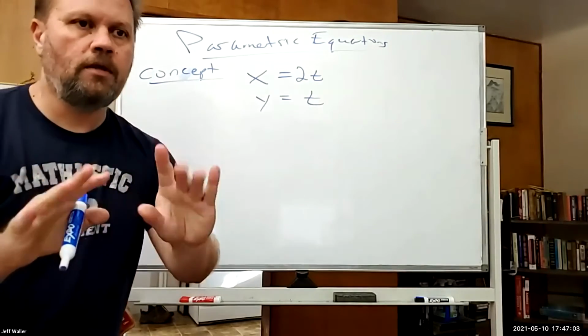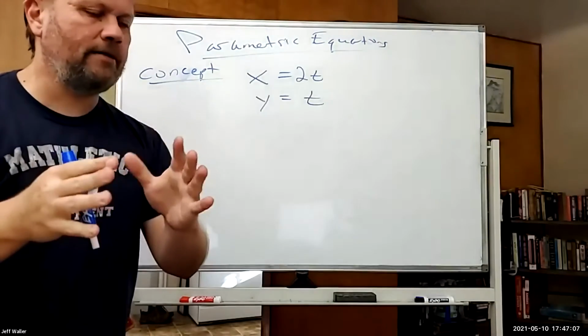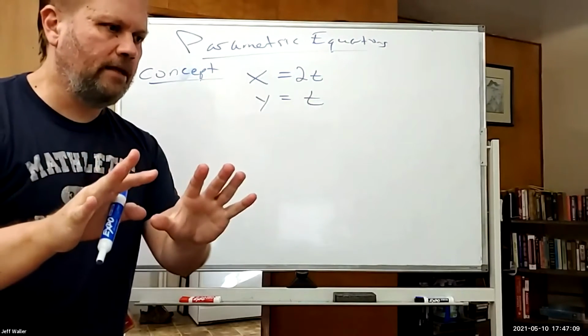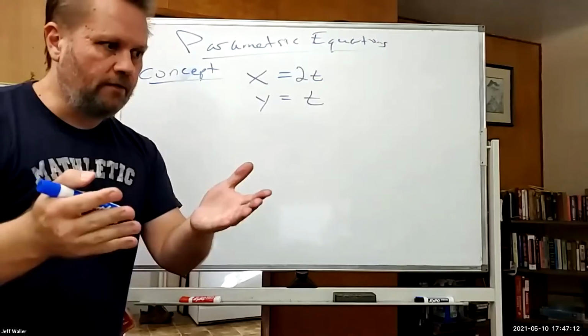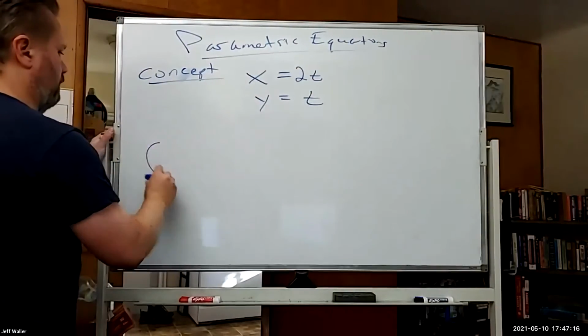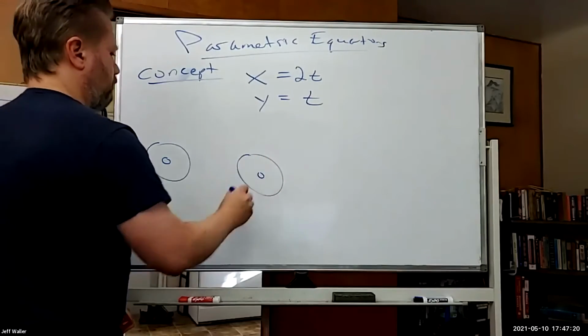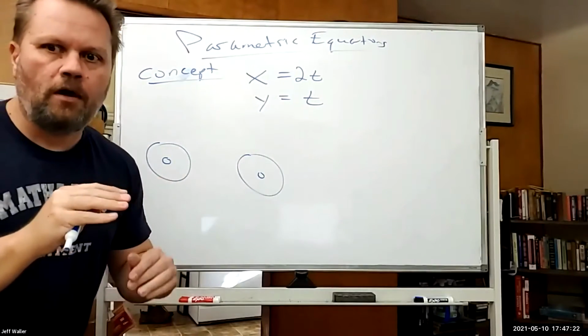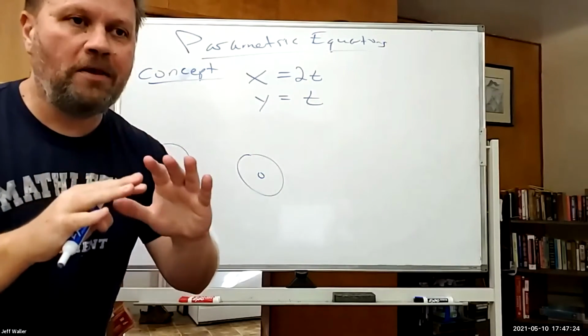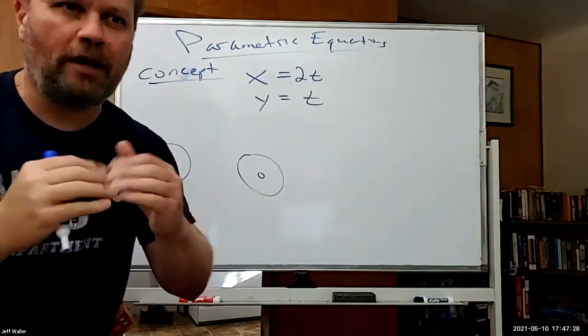So let me see, what's a good example of this? Now I can't get that idea out of my head. Okay, so let's say you've got a certain kind of tire and your friend's got a certain kind of tire, two different kinds of tires. Are they going to wear away at the same rate?